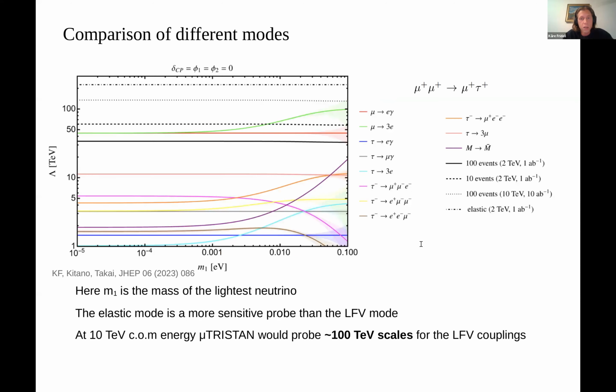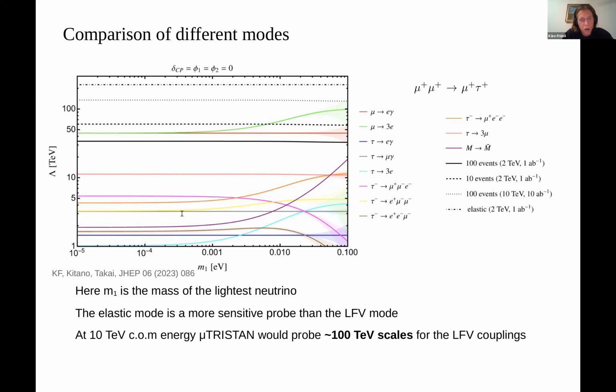Summarizing these different flavor violation searches, we see that the dot-dashed line here, the elastic scattering, is the best probe, although only for the mu mu component. Then we have the mu-Tristan searches for the process mu to mu tau, which are really good probes.